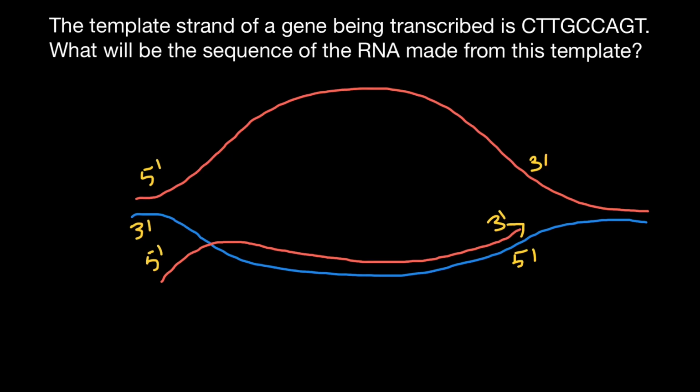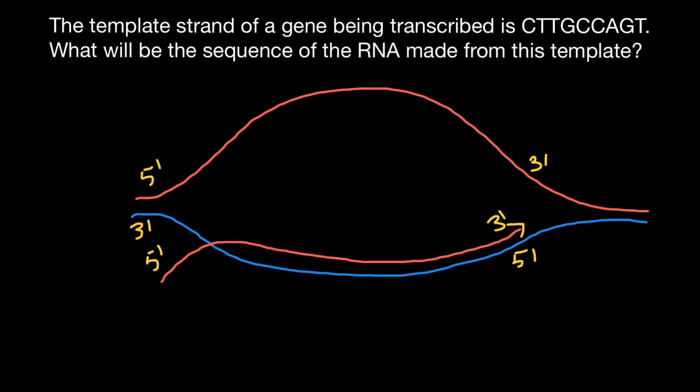This is not the only reason I'm showing messenger RNA and this strand in the same color. I will give you an explanation a little bit later. Now let's put the nucleotides on the template strand of the DNA.